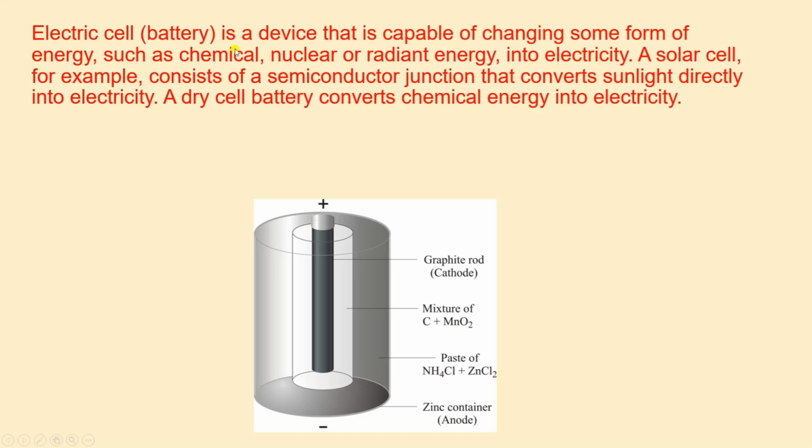An electric cell or battery is a device that is capable of changing some form of energy, such as chemical energy, nuclear energy, or radiant energy, into electricity. A solar cell is an example that consists of a semiconductor junction that converts sunlight directly into electricity. And here is a dry cell. A dry cell battery converts chemical energy into electricity.